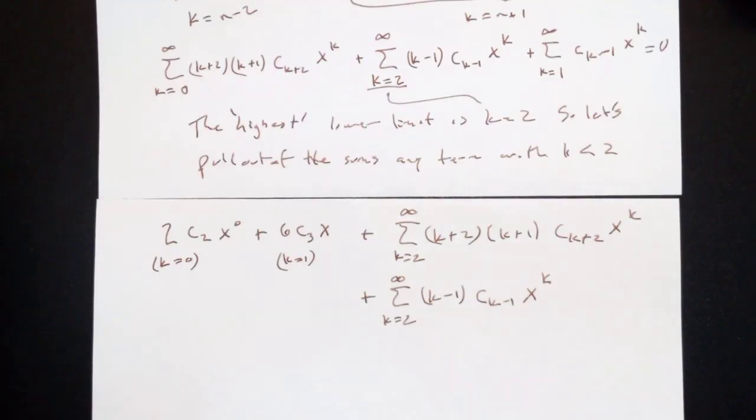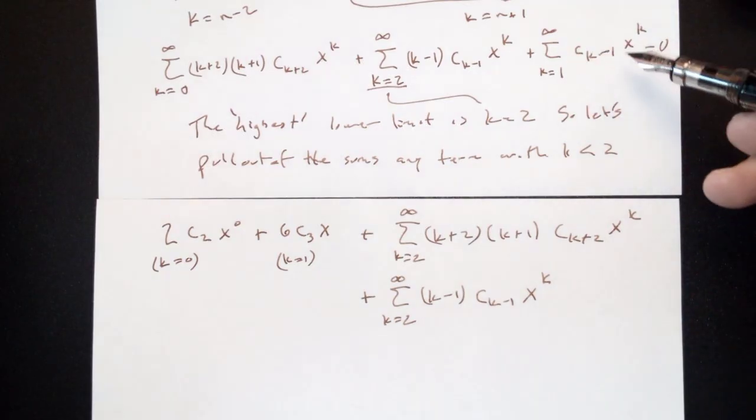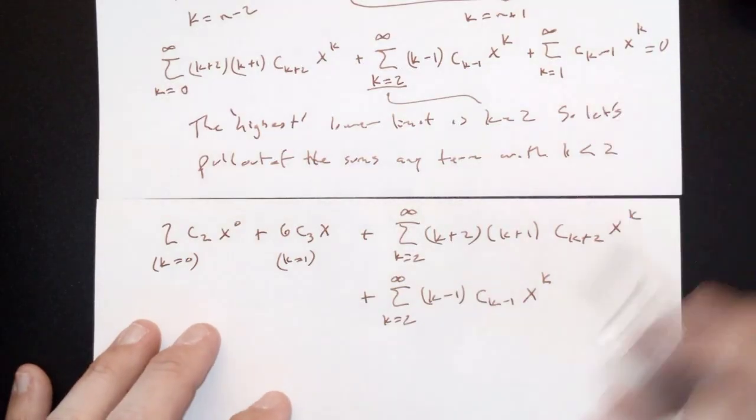And now let's look at the last sum. What do I have to pull out? It'll be k equals 1, right?